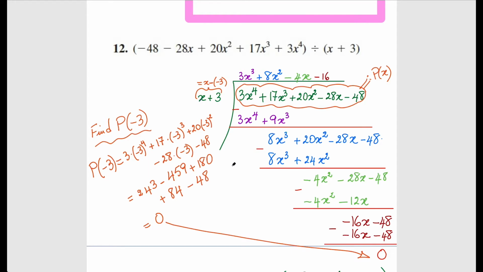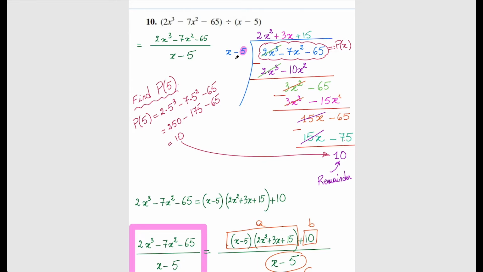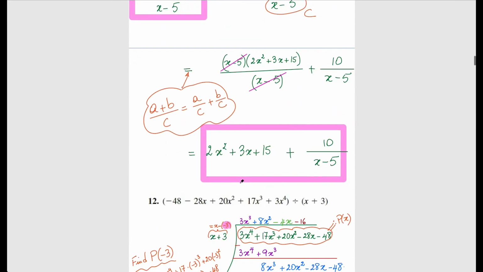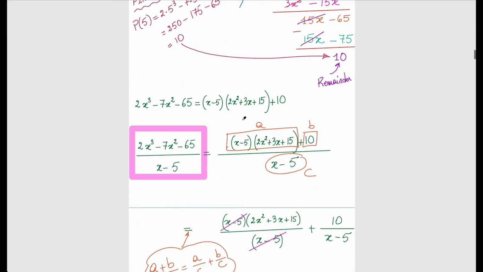And what is the thing that I need to explore? If I'm dividing a polynomial, like I did here, with x minus a guy, the guy here happens to be minus 3, and in the previous one it happened to be 5. So that's the claim I'm going to make. If I'm dividing a polynomial by x minus a number, in both cases, I'm going to claim that the remainder is p, the polynomial evaluated at this number, like I did here.